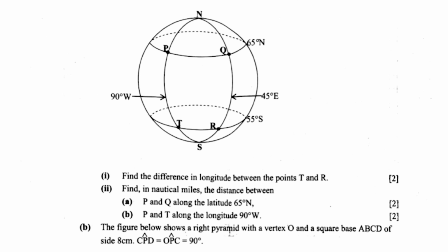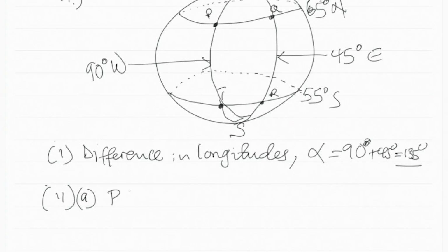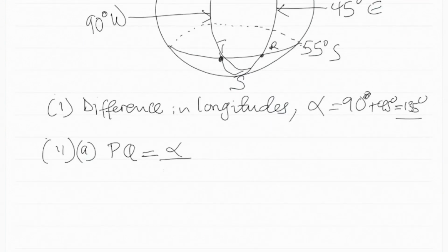So we already have the 135 degree angle that has been found. To find the distance P and Q, we are going to say this is going to be the angle there over 360 degrees multiplied by 2 pi r. I'm using the bigger R because that gives the radius of the Earth's surface, and then cos theta.